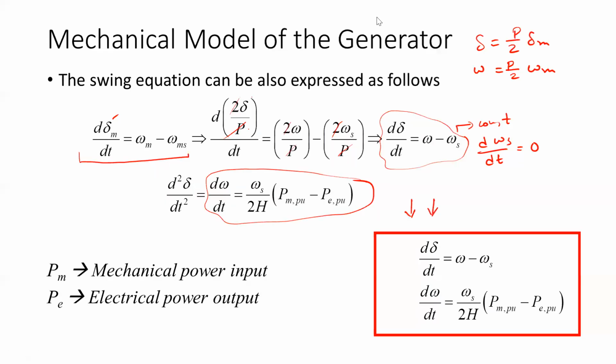So now what we're interested in is, we have the swing equation, that's fine. Now we want to see if we can have some expression for this Pe, the electrical power. A few things we know. This omega is the velocity of my rotor. We know that omega s is the synchronous speed, which is typically represented by twice pi into fs, where fs can be the supply frequency, or more specifically, the synchronous frequency.